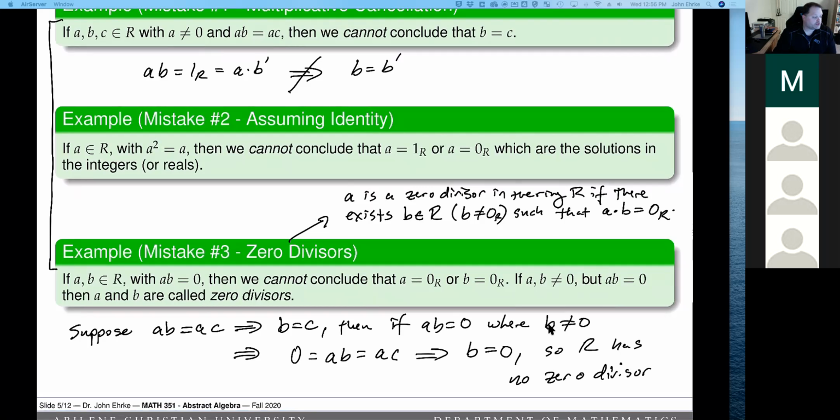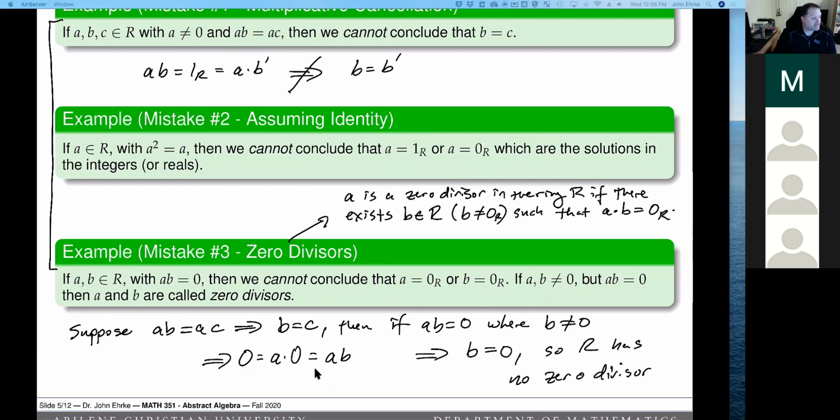Because if you suppose you have a 0 divisor, then this is the same thing, A times 0, which we know is 0. I kind of goofed that up. I know 0 is A times 0, right? But I also know 0 is A times B. So this would say A times 0 equals A times B. Sorry, I don't know why I put that in there.